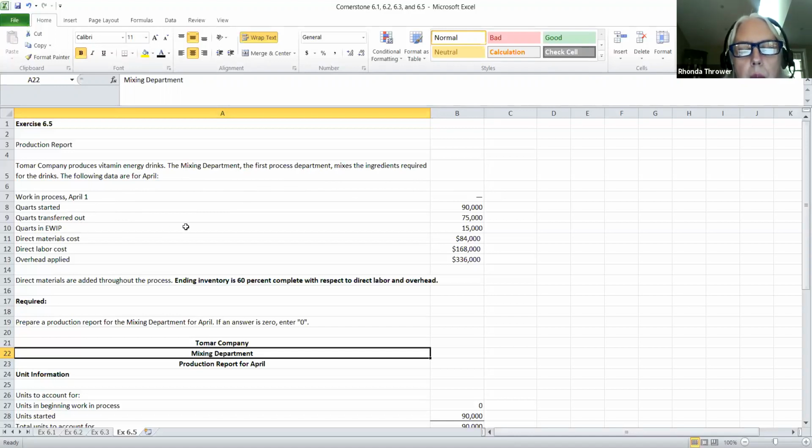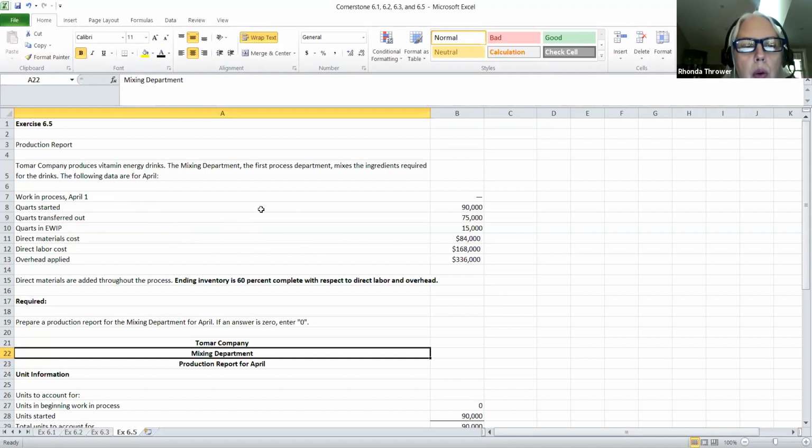So again, in all the problems that we've worked today, we've had no beginning inventory, but in two of the problems, we had some ending inventory that we were working with. So there's no beginning inventory.